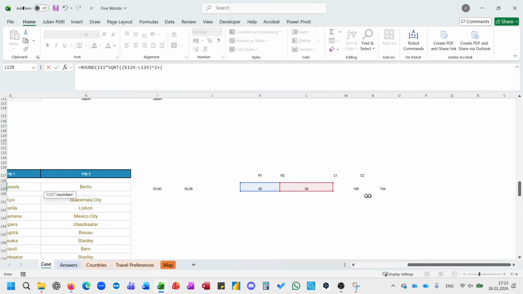And this is actually the Pythagorean distance we're currently calculating.